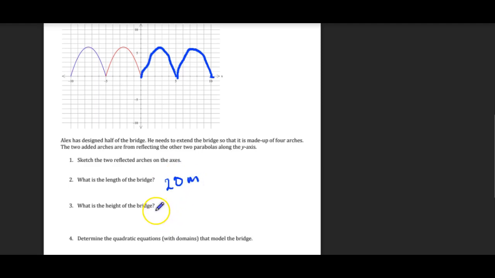What is the height of the bridge? So this one's a little bit harder because we can't actually read it straight from the graph. So we're going to have to find the equation of just one of the parabolas. So you can use any of these. I always prefer to use the point (0, 0) and this point here, which is (5, 0).